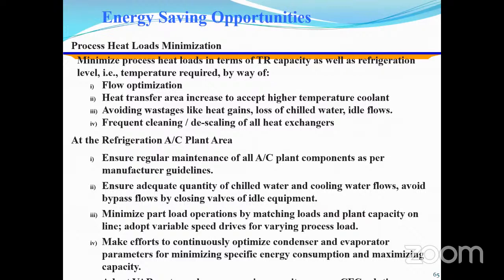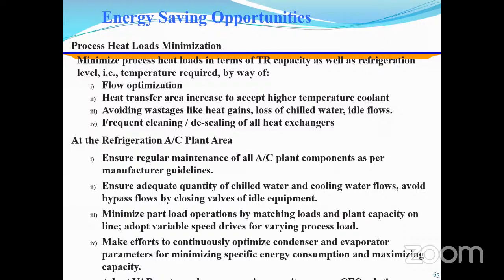Ensure regular maintenance of all AC plant components as per manufacturer's guidelines. Ensure adequate quantity of chilled water and cooling water flows. Avoid bypass flows by closing valves of idle equipment. Minimize part load operations by matching loads and plant capacity online. Adopt variable speed drives for varying process load.